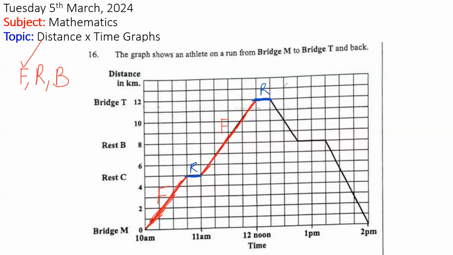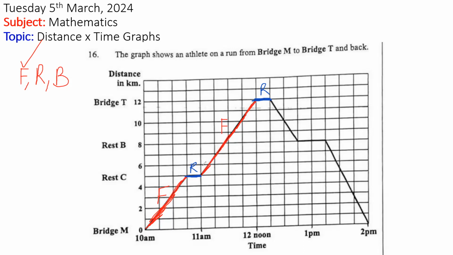No, sir. How about what does a slanting line tell us about the object? Do you know? No, sir. So the slanting line tells us that the object is moving forward, right? And the horizontal line tells us that the object is at rest.